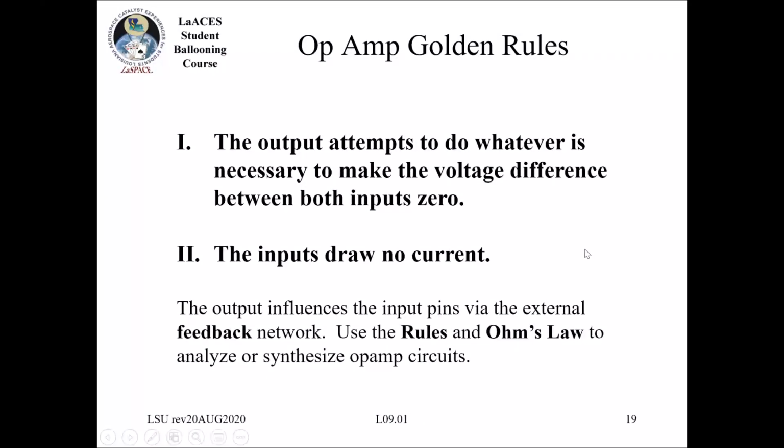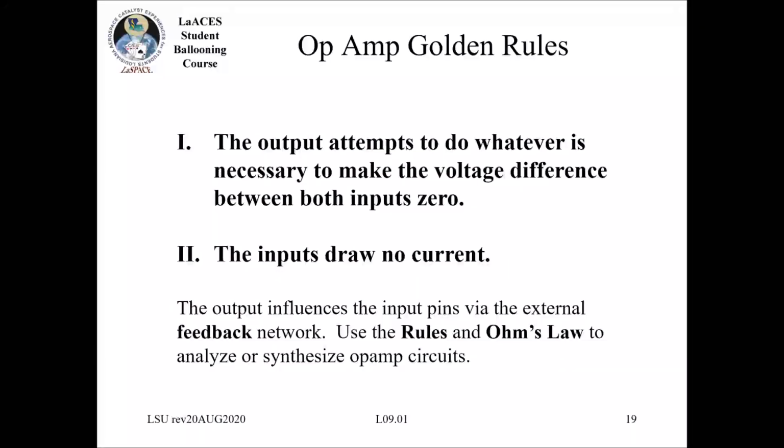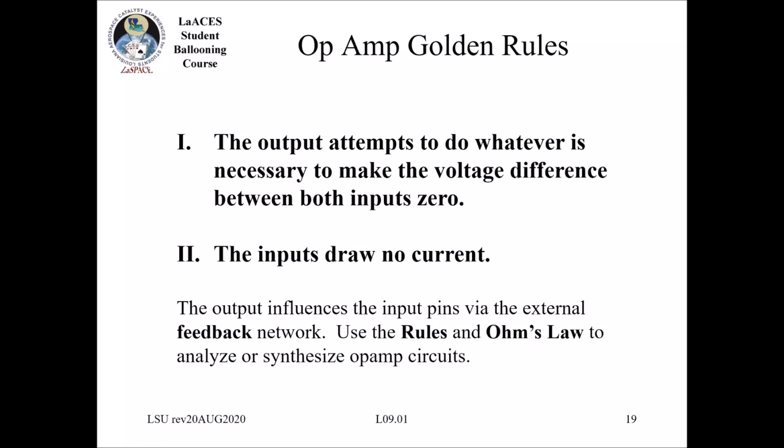Another thing, whenever you are looking at an op-amp in a circuit, it's important to know that there are some simplifying assumptions that we make to do the analysis. Now, these are, by definition, assumptions, and they aren't necessarily true. The first assumption is the output attempts to do whatever is necessary to make the voltage difference between both the inputs 0.